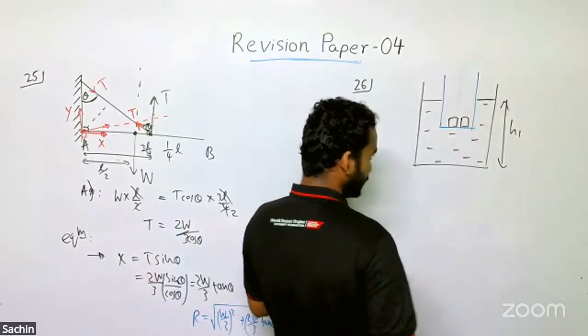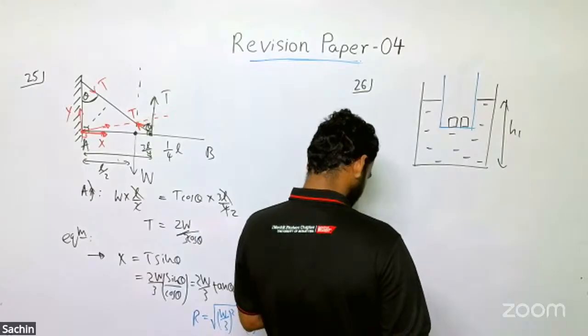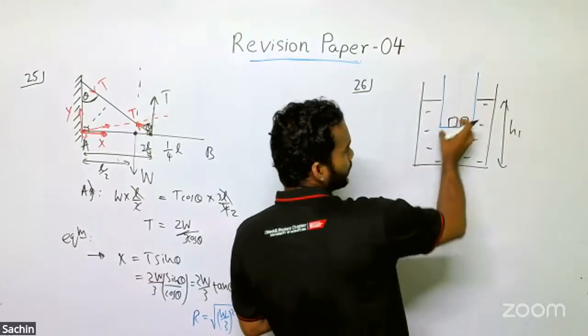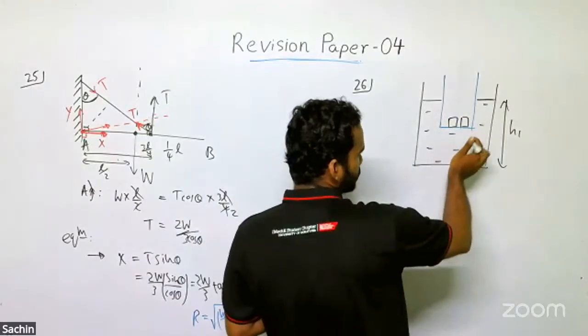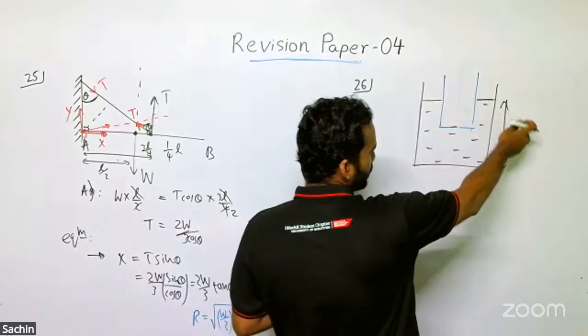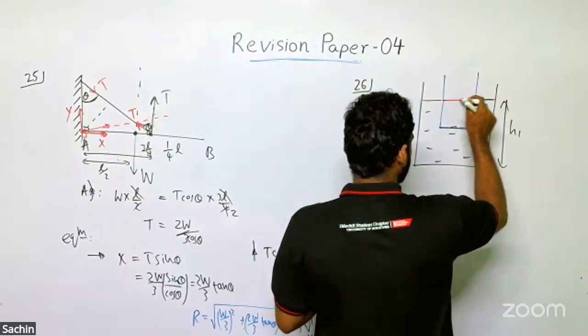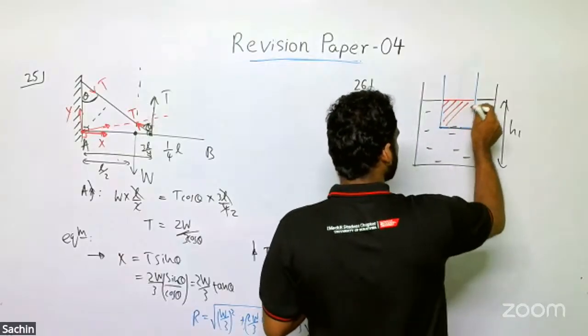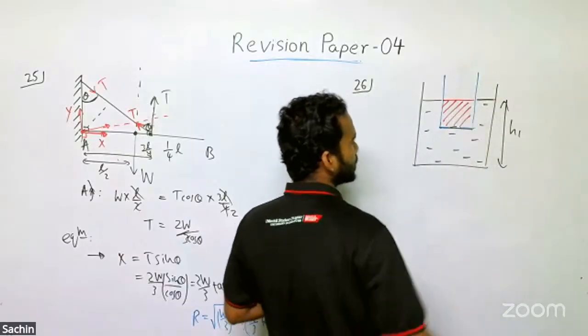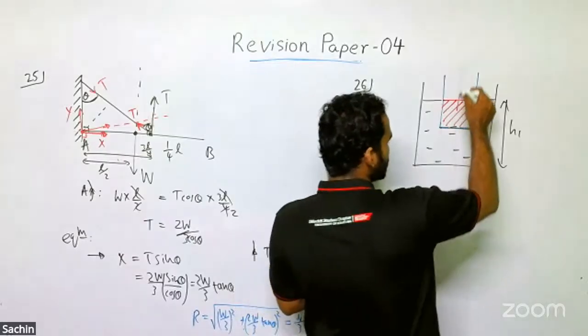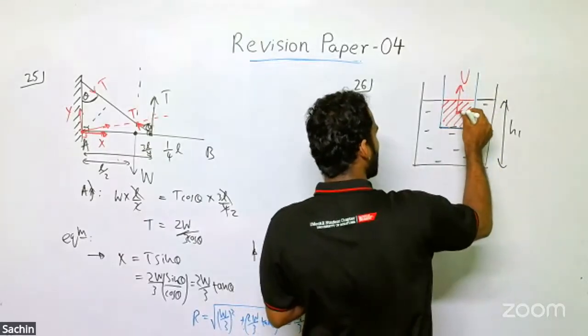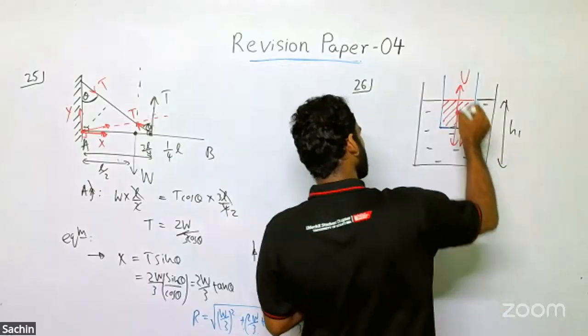If two masses are there, then initially, when you consider the equilibrium of this inner vessel, the liquid was displaced just to balance its own weight.